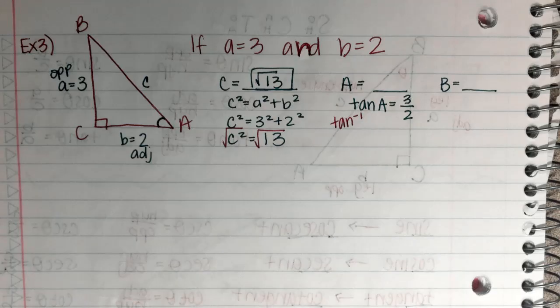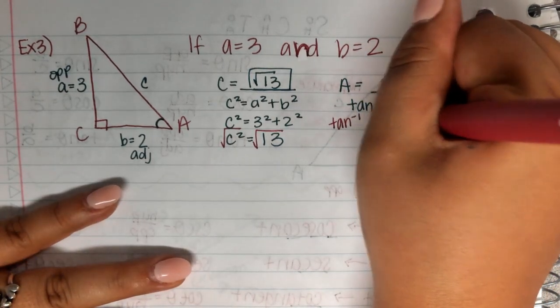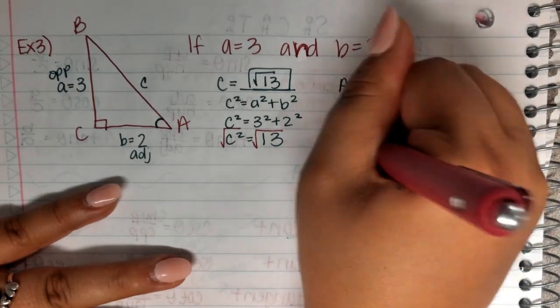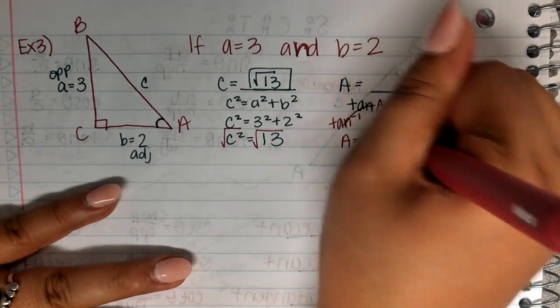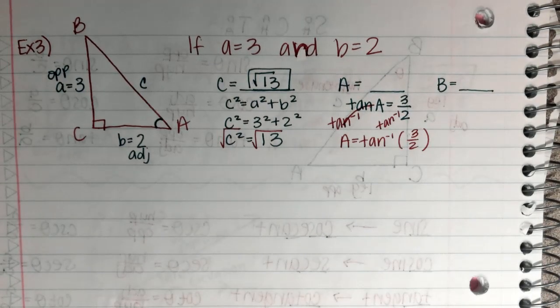Either one of those is fine. What you do to one side, I need to do to the other. So those tangents cancel out. And I'm left with the tan inverse of 3 over 2. And go put that in your calculator. You are going to want to hit functions to do that.